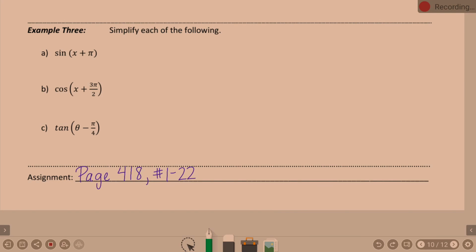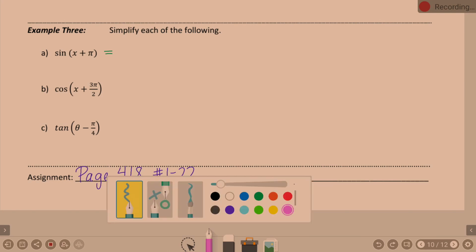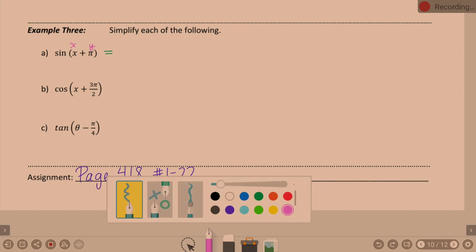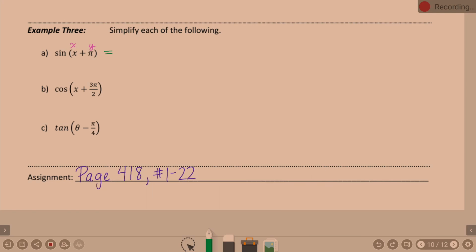So sine of x plus pi. How do I write this out? Follow your identity with the idea that we have x and y. How's the sine identity work? Starts with what?